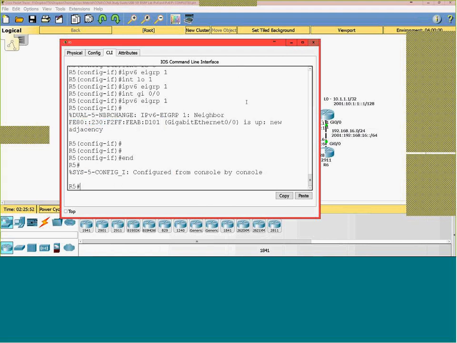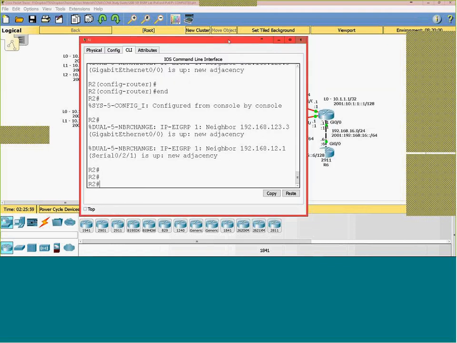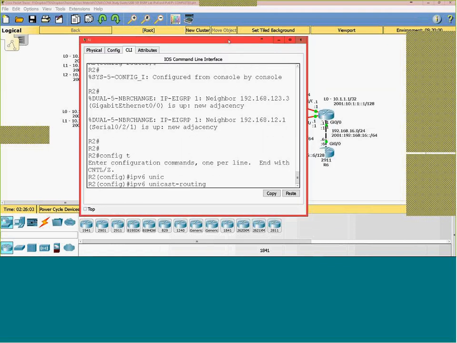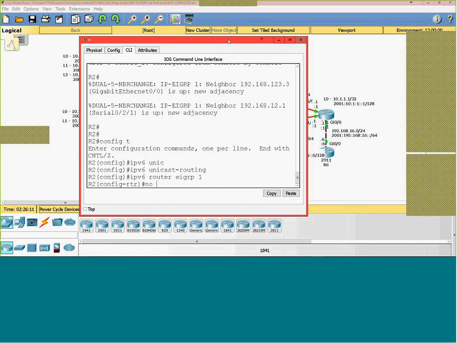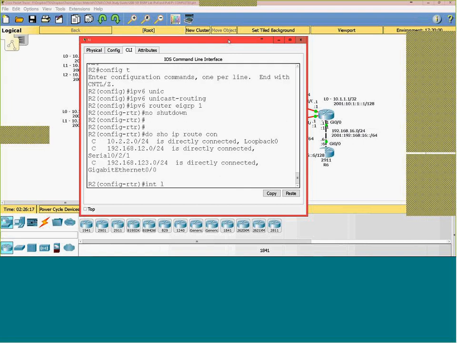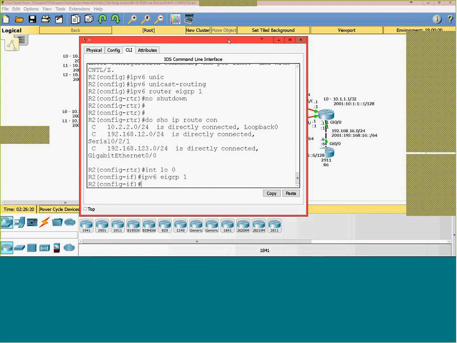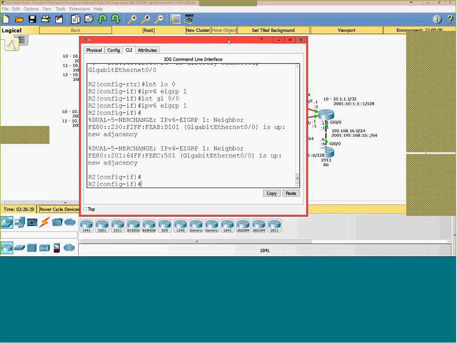All right, so I've done router 5. I'm going to go ahead and go into router number 2 now. Config T, IPv6 unicast routing, IPv6 router, EIGRP1, no shutdown, do show IP route connected, and interface loopback 0, IPv6 EIGRP1, interface GI00, and I got another adjacency, okay?